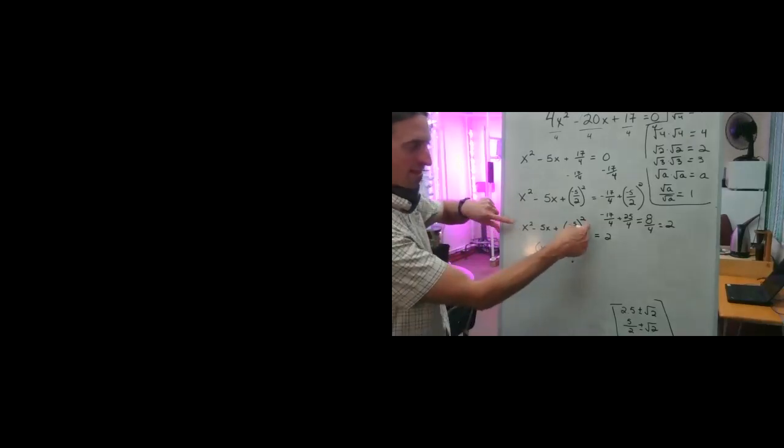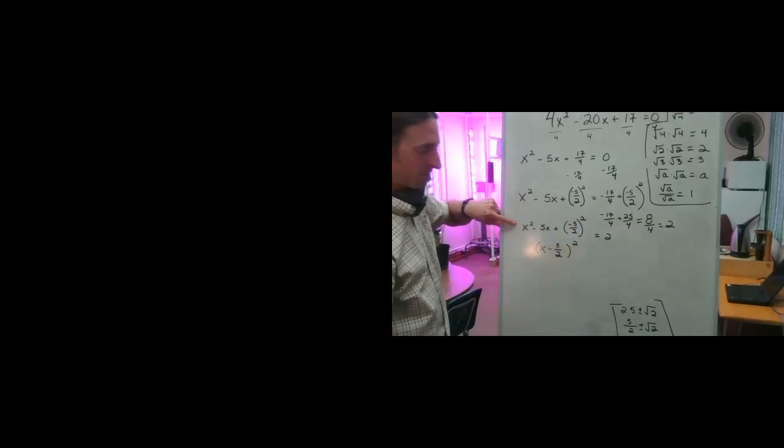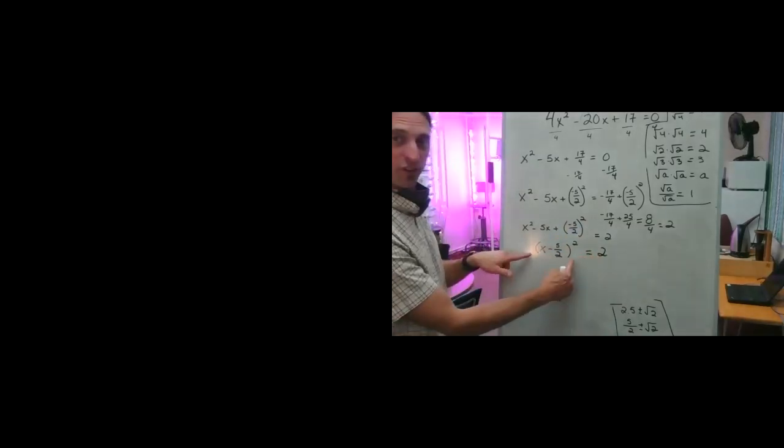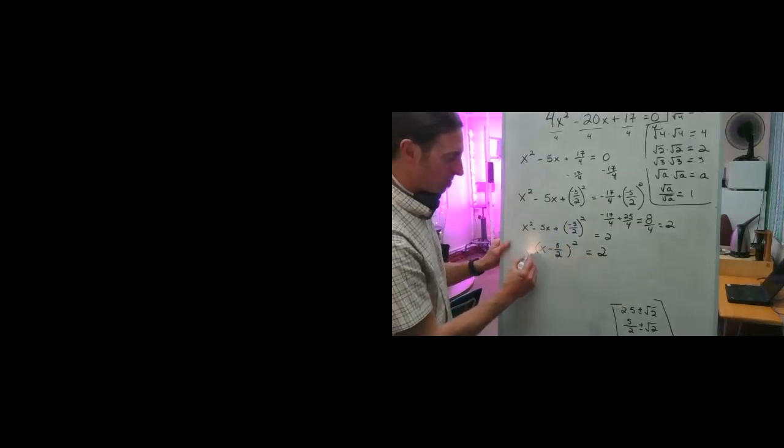If I took this and multiplied it by itself, I would get that. And the reason I'm doing that is because in order to solve for x, now all I have to do is take the square root of both sides.